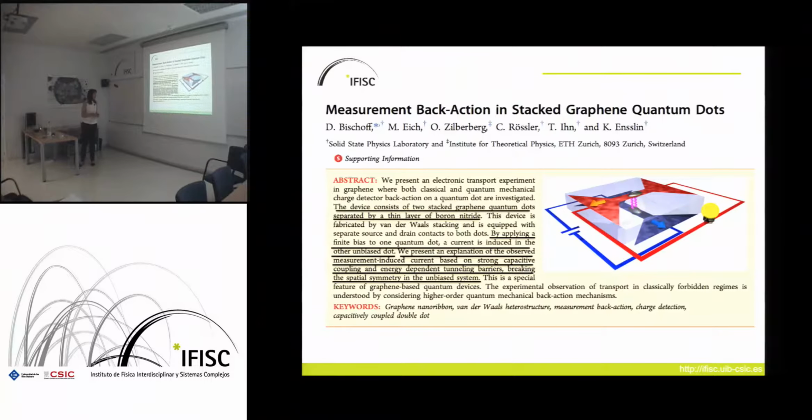The only difference is that some of the characteristics that were measured in our experiment are not in this one, because this experiment was more within the sequential tunneling regime. However, in our experiment, there is more coherence, more quantumness. So in that respect, to explain that, we need to add a new ingredient, the cotunneling processes, that I will explain now.